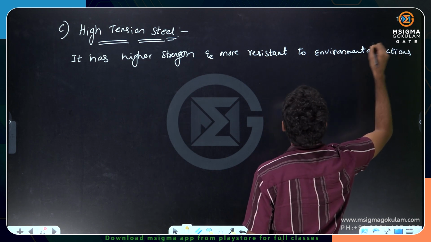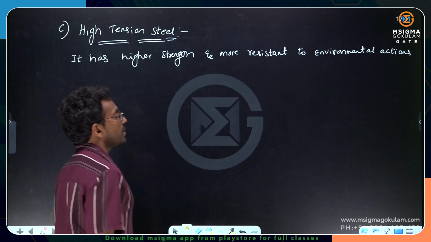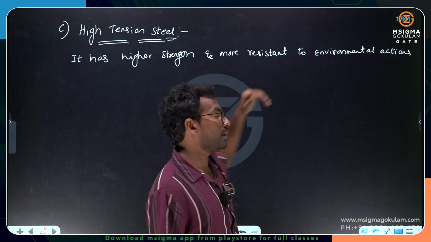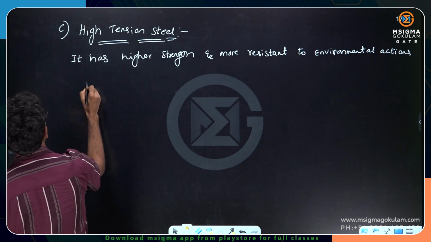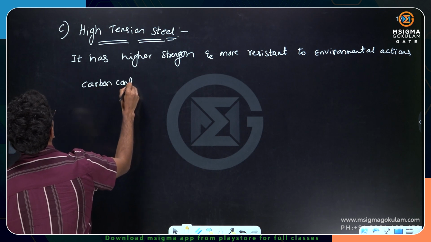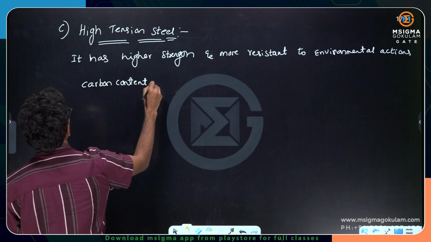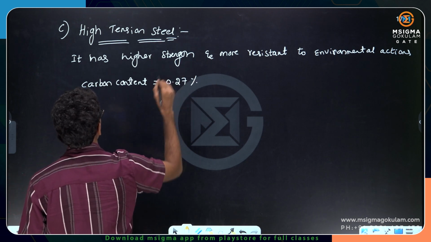That's why it is called high tension steel. Okay? And high resistance to environmental action means corrosion basically. Now understand, dear students, why it has high strength? Because the carbon content used in this is approximately around 0.27%.